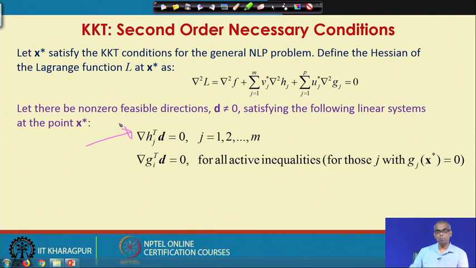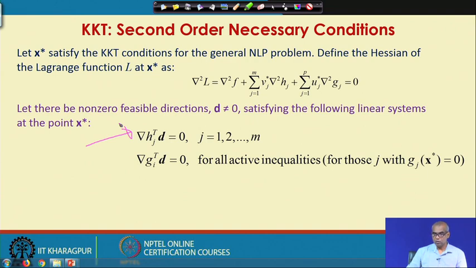That will give m linear equations. So, grad h times d equal to 0 for all m equality constraints.